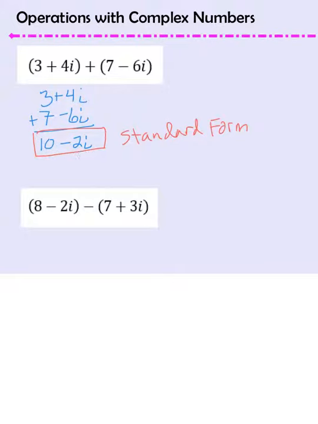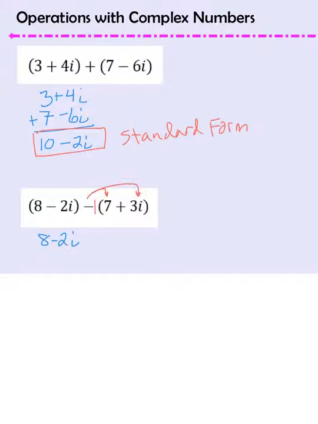So on this example with subtraction, we do have to distribute this negative into here. I can drop these parentheses because there's a 1 in front. So I'm going to write 8 minus 2i, but then I'm distributing a negative 1 into these parentheses.